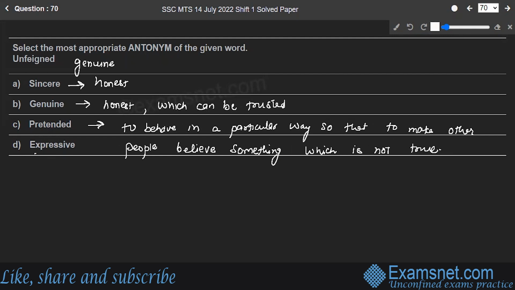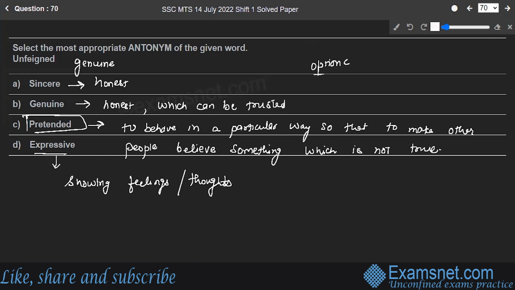Then is the word expressive. It means showing feelings or thoughts. So the correct one, you have to find the antonym of the word unfeigned, which means genuine. The antonym, that is the opposite meaning word, is pretended. Option C is the correct answer to the question.